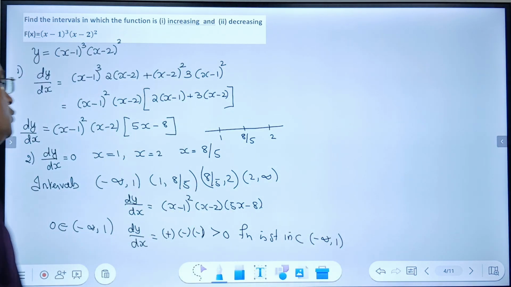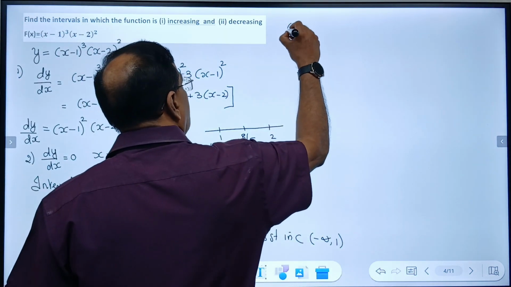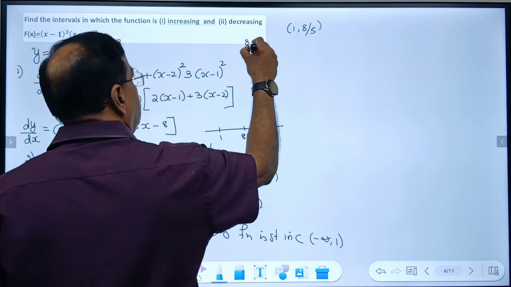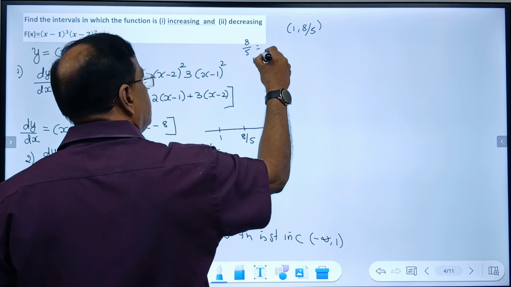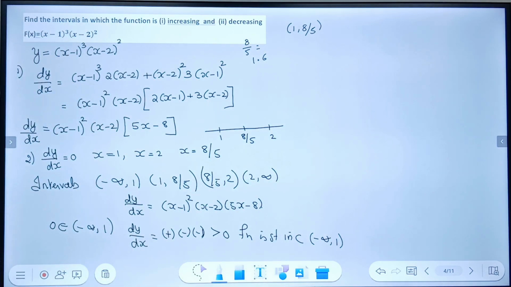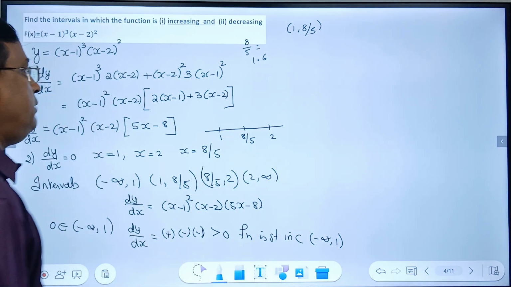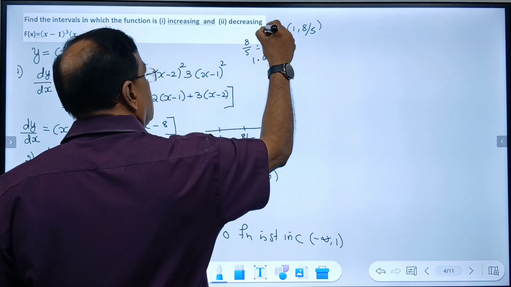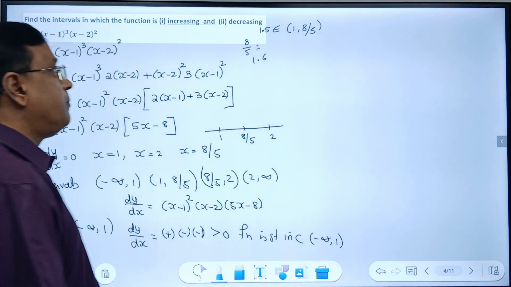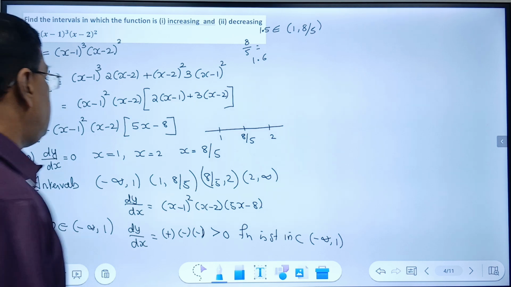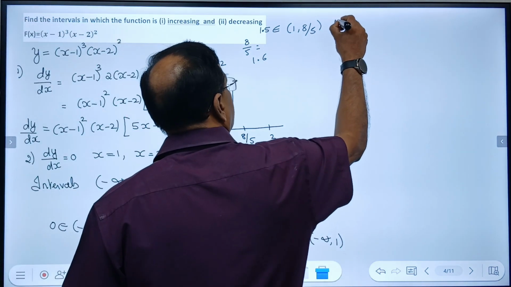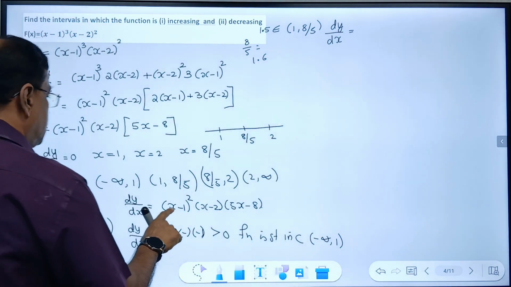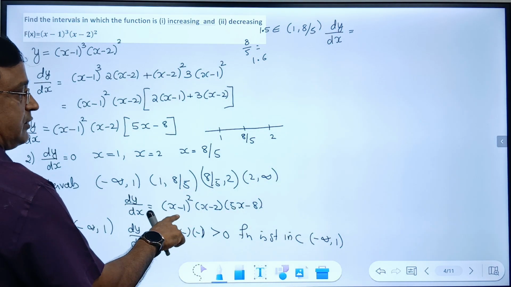Now choose a number between 1 and 8 by 5. Remember, 8 by 5 is 1.6. So I will choose 1.5. When I choose 1.5, what happens to my dy by dx? I don't even have to think here because this is always positive, since it's (x minus 1) whole square.